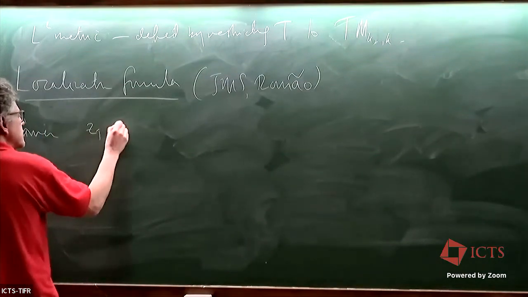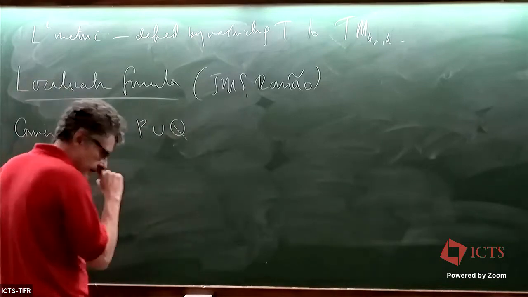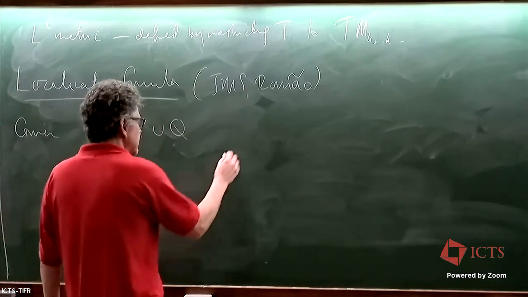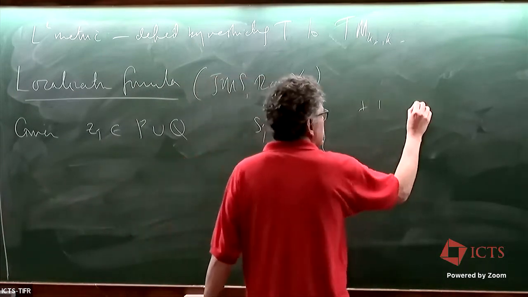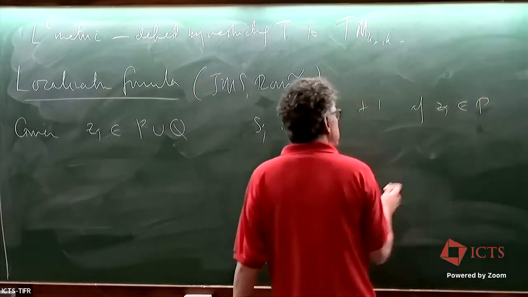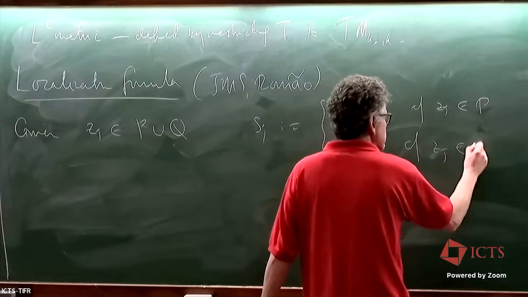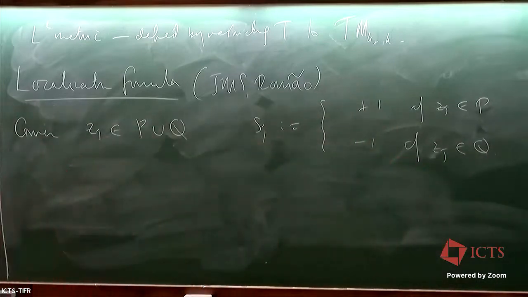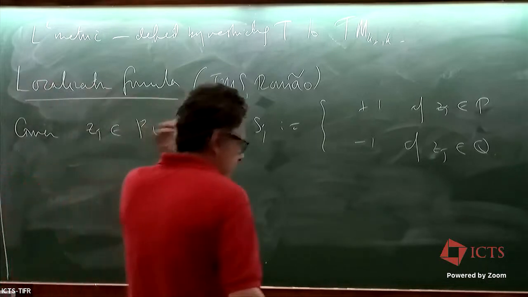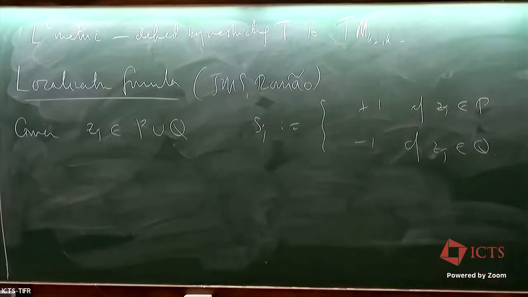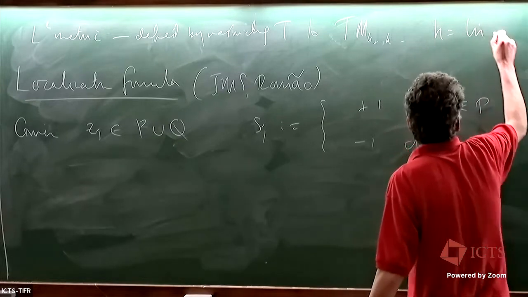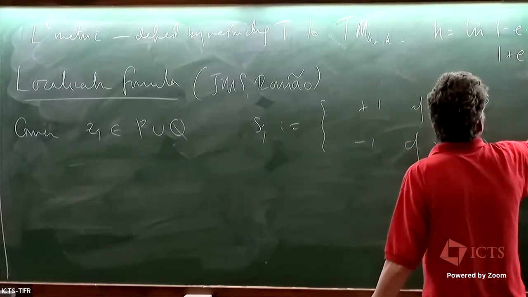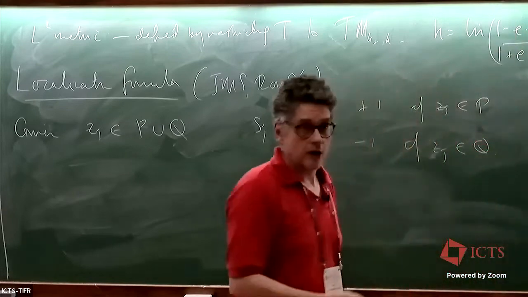Given any point zj in either one of these two divisors, the North Pole divisor or the South Pole divisor, let's define an associated sign to be +1 if zj is in P and -1 if zj is in Q. Okay, and once again, the localization formula tells you that you can write down the Kähler form for the L2 metric purely in terms of data associated with the behavior of this function here, which I've unfortunately just rubbed off, in the neighborhood of the two divisors.